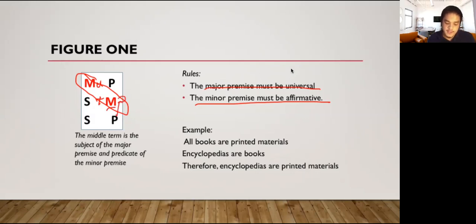Now, if it's particular, but your first rule was not employed, that instead of a universal major premise, you made it particular, then the first rule was not obeyed. And this is what we call a fallacy against the eight rules of syllogism.